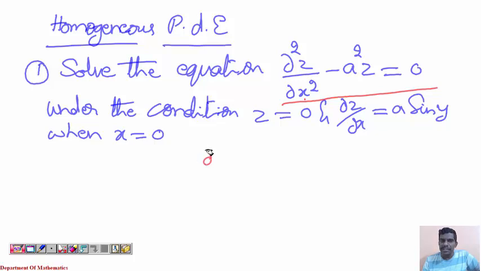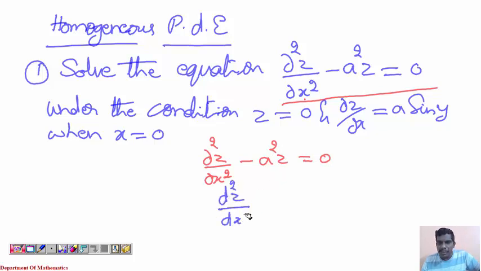That is, ∂²z/∂x² minus a² z is equal to 0 can be written as d²z/dx² minus a² z, which is equal to 0. Then this is a homogeneous differential equation, or that too, an ordinary differential equation.